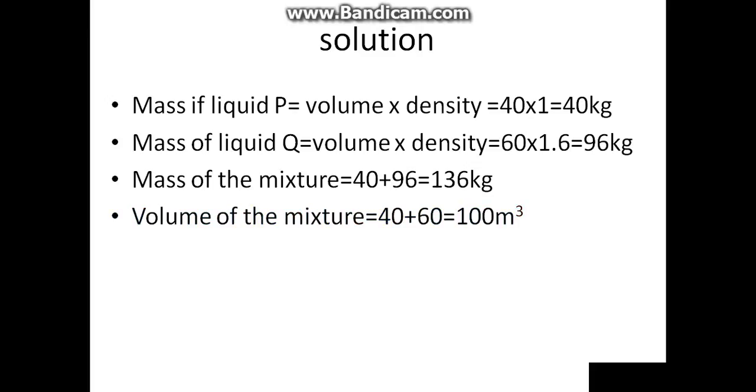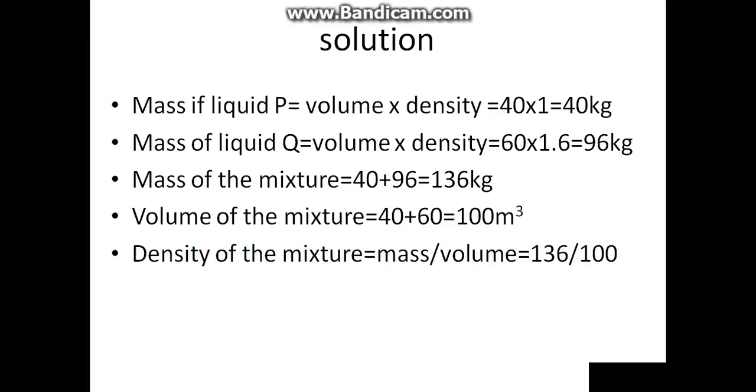Volume of the mixture equals 40 plus 60, which is 100 meter cube. Density of the mixture equals mass over volume, which is 136 over 100, which will give us 1.36 kg per meter cube.